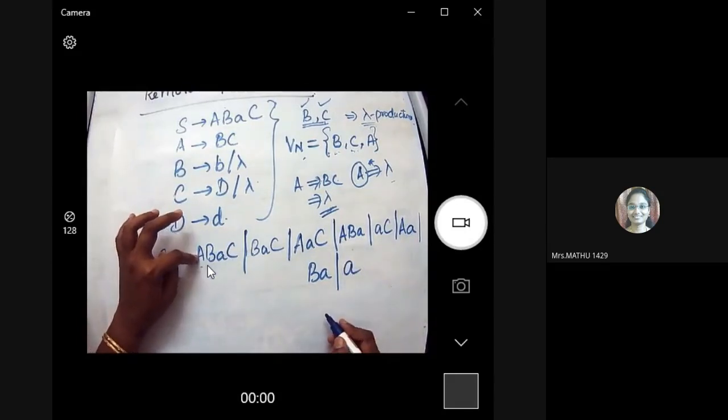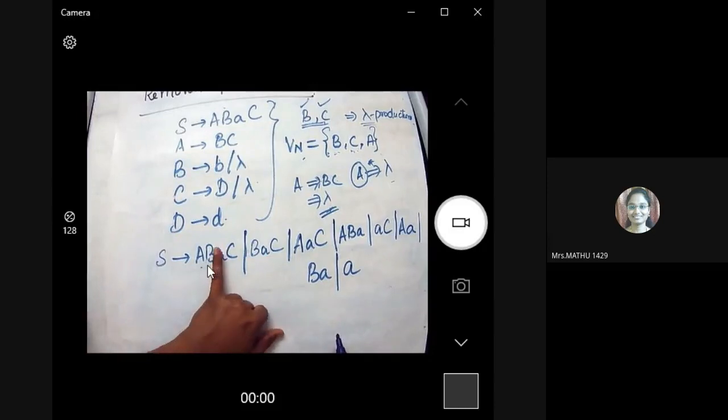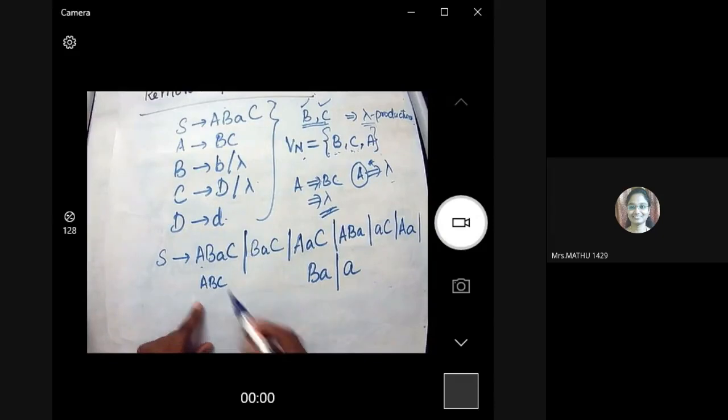So what will you get? Suppose you have something like ABC, and all three are nullable variables. If you apply lambda to all three together, what will you generate?